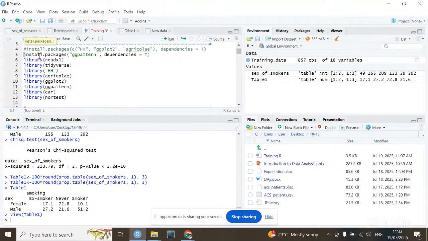If I reinstall these packages, let me say ggpattern or ggplot, since I've already installed them, it will tell me that I have already installed these packages and ask whether I want to reinstall them. It is your choice, but it is not necessary to reinstall packages you have already installed.